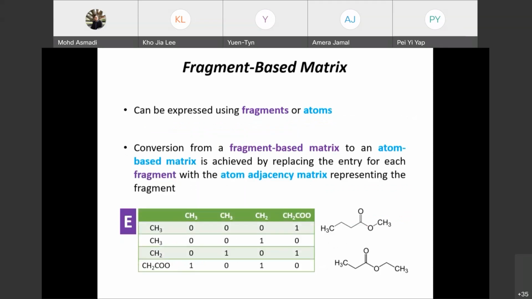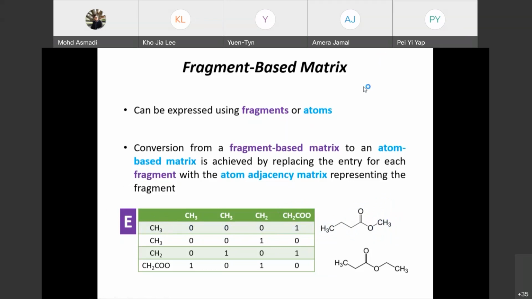Here, the fragments are CH3, CH3, CH2, CH2, COO from the previous molecule. CH3 to CH2COO is equal to 1, and we have two CH3 here, so that's why we put 1. CH2 to CH3 is equal to 0 because it's not adjacent, just next to the CH3. That one is for CH3, for R1, this one R2.